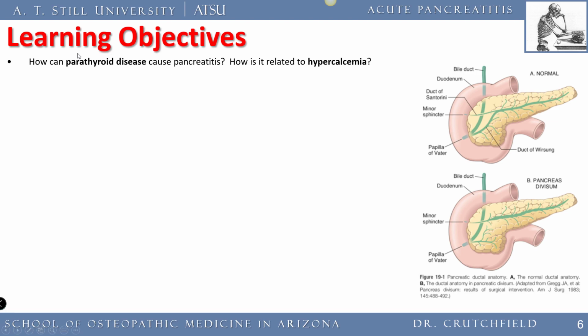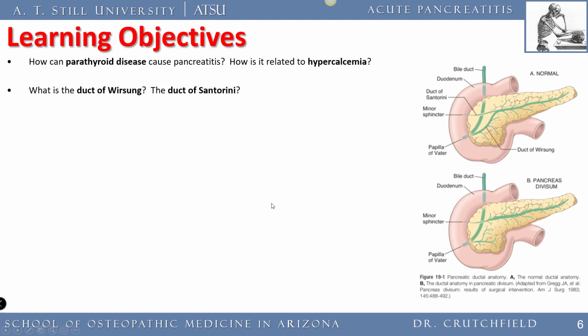So if someone has parathyroid disease, let's say they have a parathyroid adenoma, which is a small benign tumor of the parathyroid gland, and it makes too much parathyroid hormone, all of a sudden we have hypercalcemia. And then hypercalcemia, of course, can be saponified out when the pancreas has this autolytic function of its enzymes auto-digesting it. So as it begins to auto-digest, and if we got excess calcium around, it'll saponify.